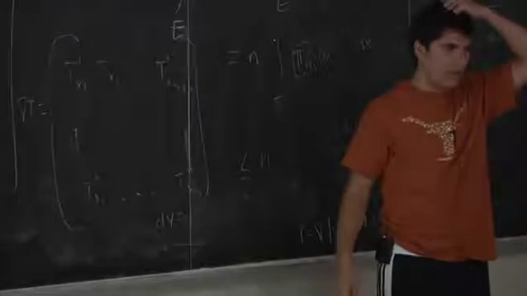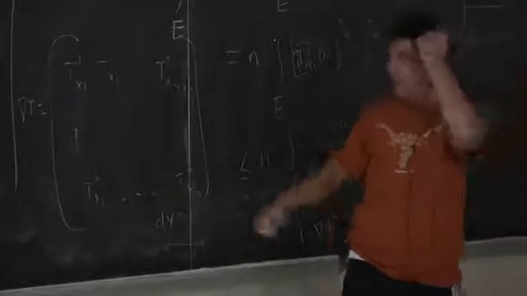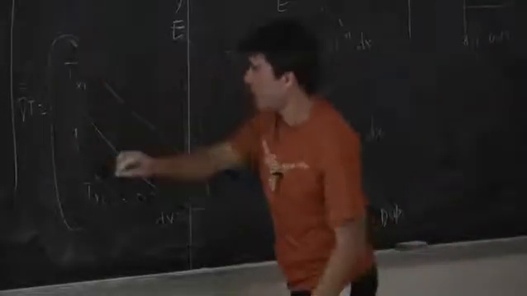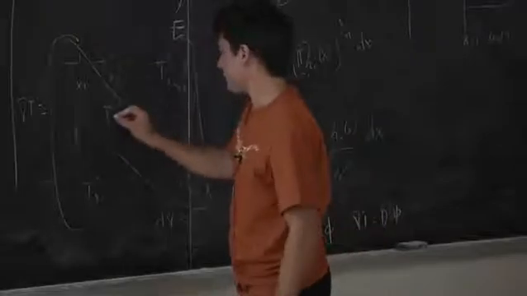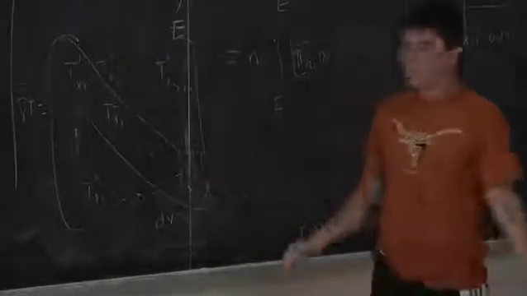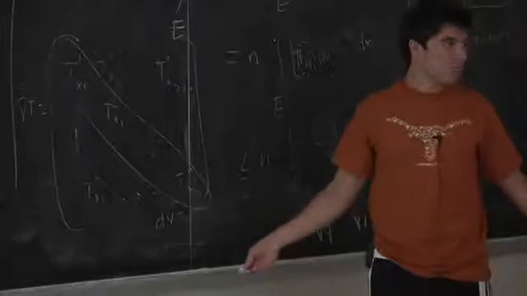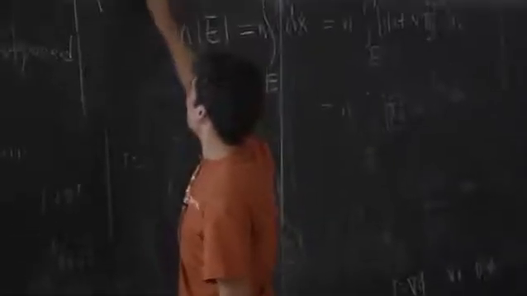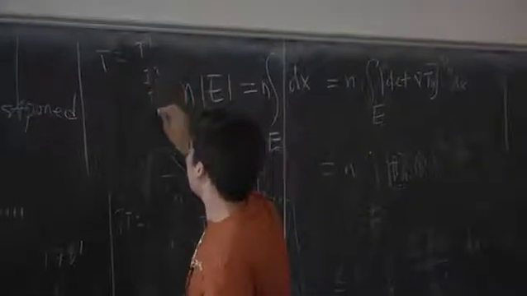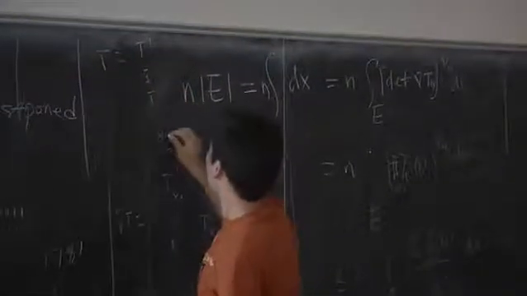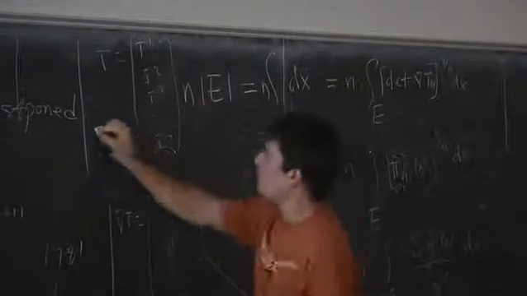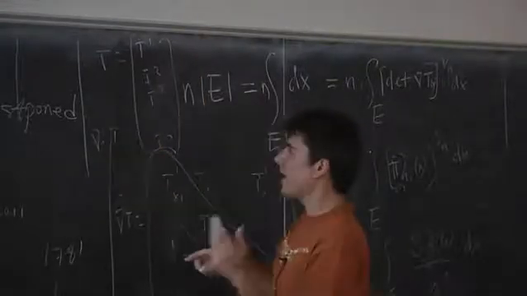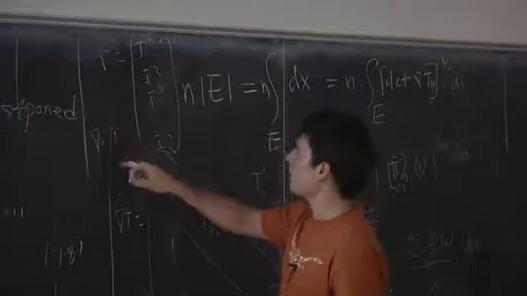The trace of the matrix, right? So it's this guy. But look, that's just the divergence of T. T is a vector, so T is like T1, T2, T3, up to Tn. So grad dot T is the divergence.